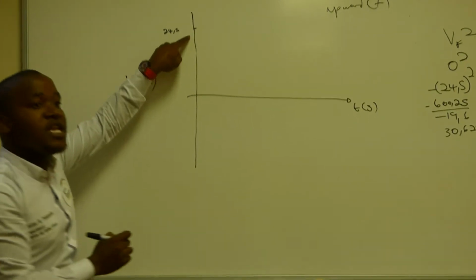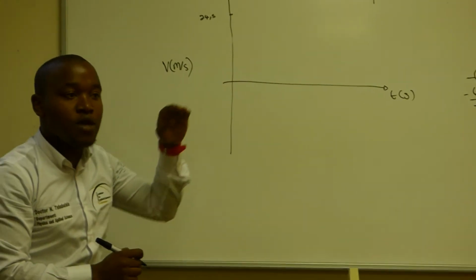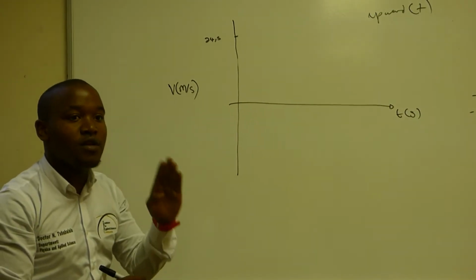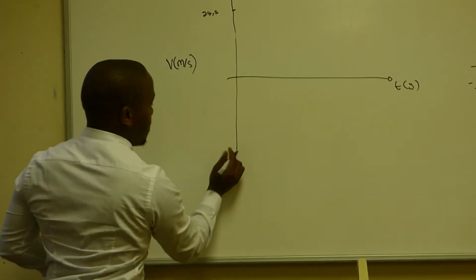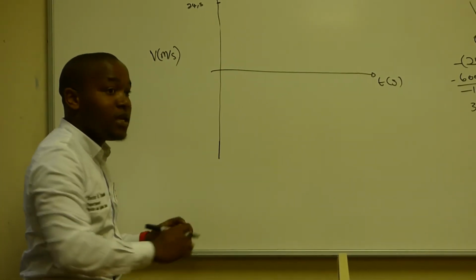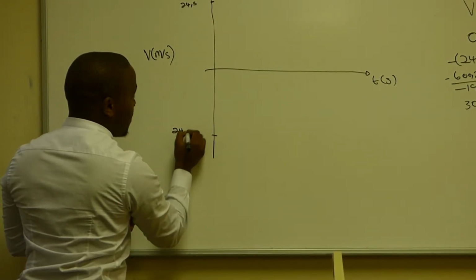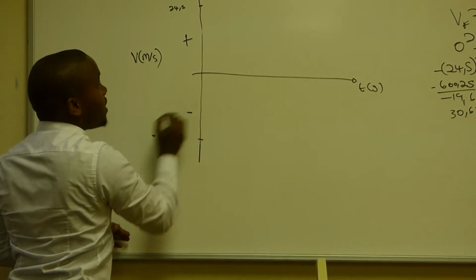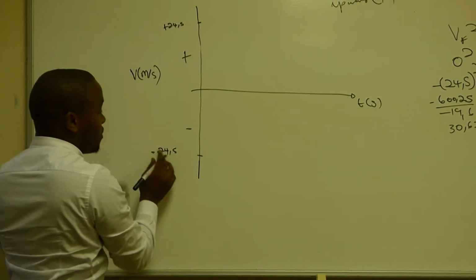I'm saying the initial velocity for the upward motion is equal to the final velocity for the downward motion. You take it as it is, 24.5, but you change the sign, so it will be negative. I have my positive velocity here, I have my negative velocity this side.